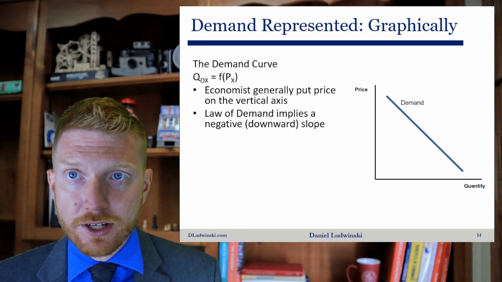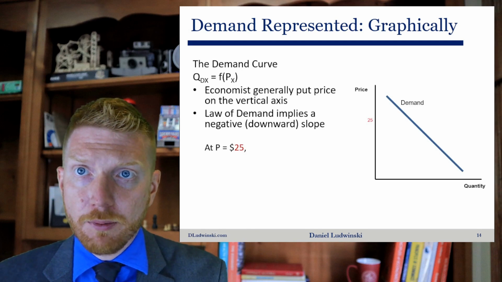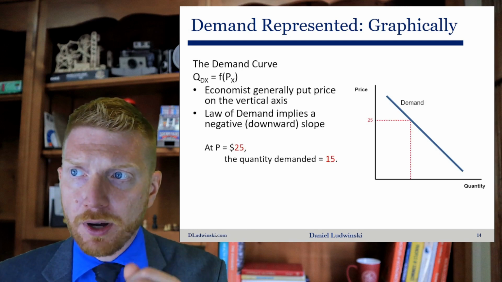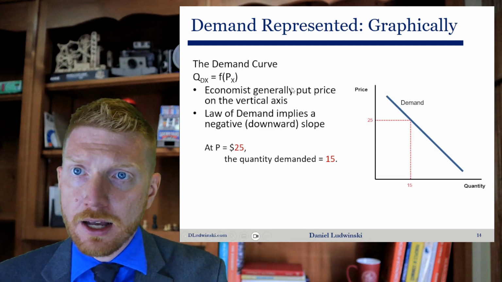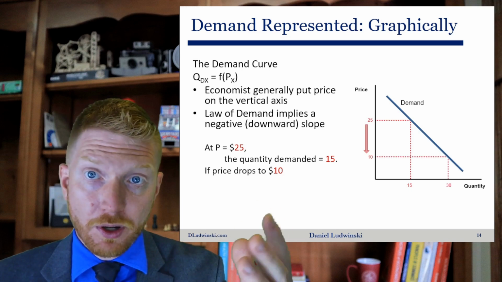It's a negative relationship. We can also show points on this graph, which correspond to points on the table. Here we have a price of 25. We could make up a number and say a quantity of 15. And at a lower price, maybe $10, we'd have maybe a quantity of 30.